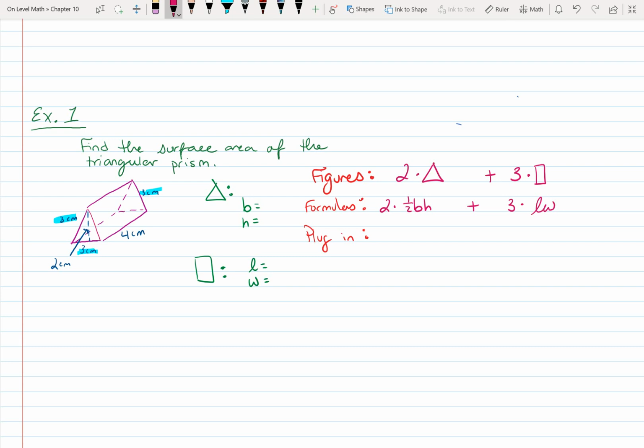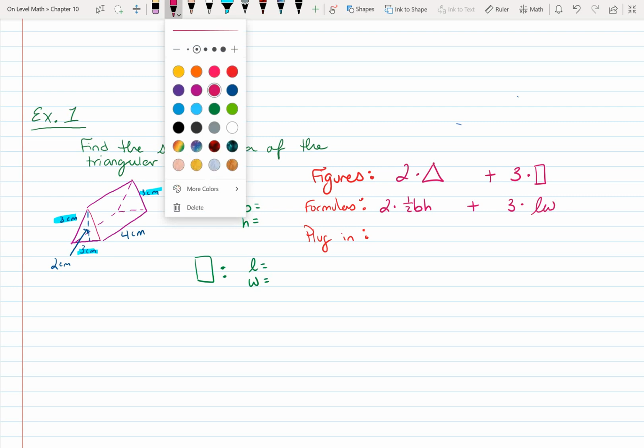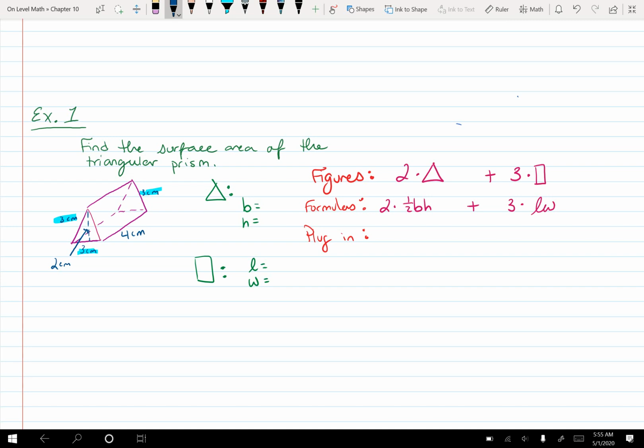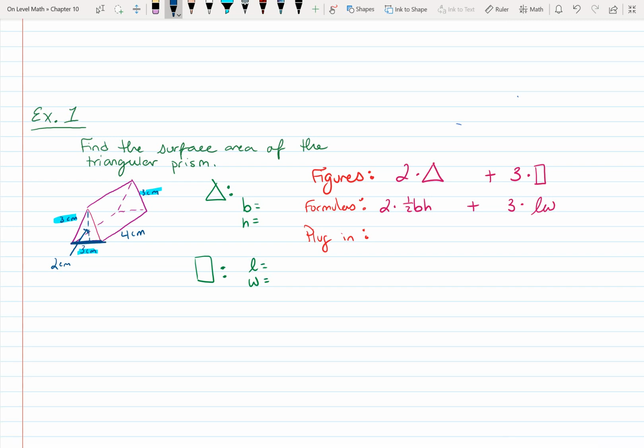Alrighty. So for our triangle, it says base. So the base of our triangle right here is 3 centimeters. So I'm going to put 3. The height of our triangle, remember it has to be perpendicular to the base. So this dotted line that's going down, it says that that is 2 centimeters.